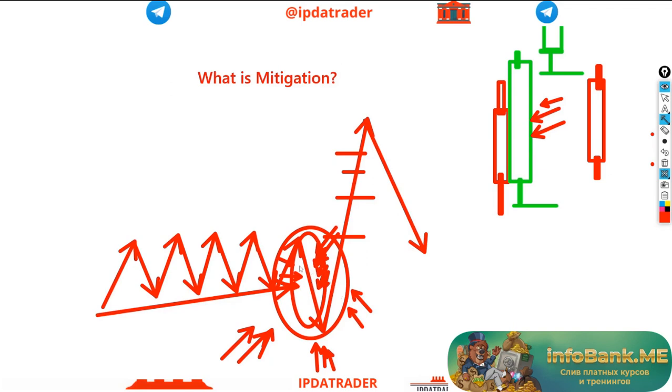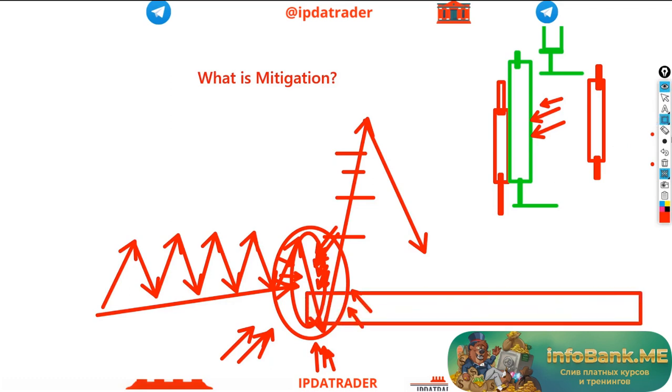And this is where mitigation comes into play. If you have a potential demand zone at this region, you can physically see how price may drive into that and retrace a bit. It's going to be rejecting that zone multiple times, because that rejection of the zone signifies positions being closed.